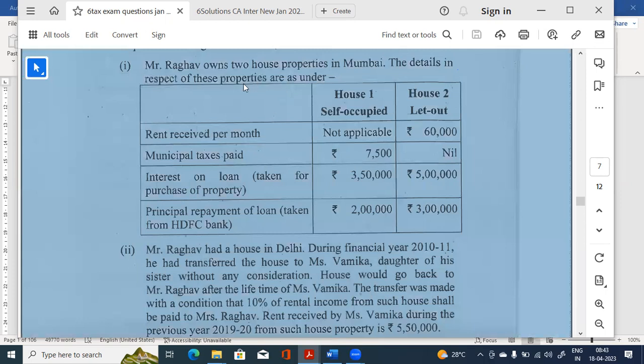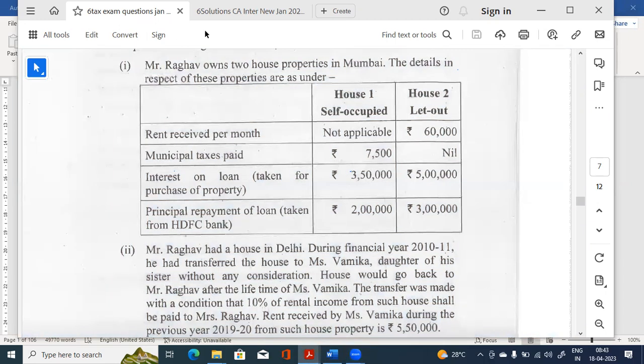Up to 2 lakhs maximum you will get because other details are not given, so we don't have to worry about all those things. 3,50,000 is paid, but only up to 2 lakhs will be available for self-occupied. This repayment, we will have to consider under 80C. That we'll look at separately.